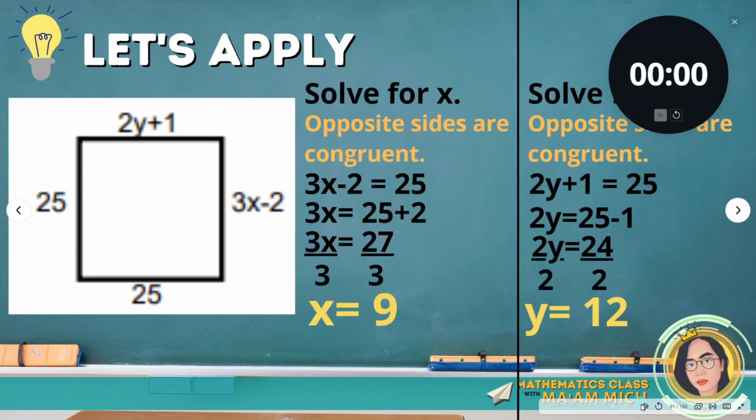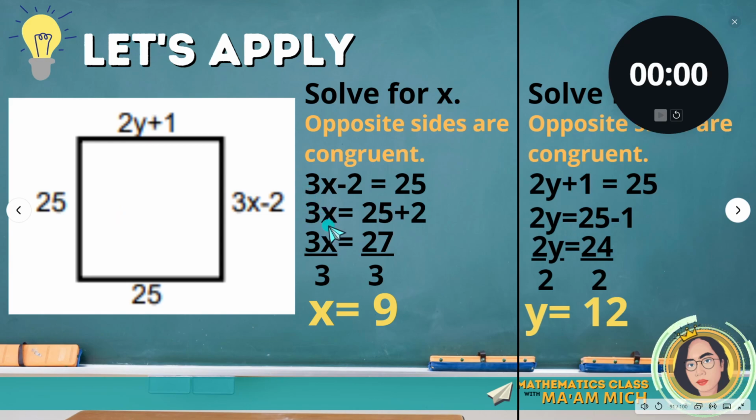Let's see. Okay, first let's solve for x. So we have here 3x minus 2 and 25. Opposite sides are congruent, so we can say that 3x minus 2 equals 25.